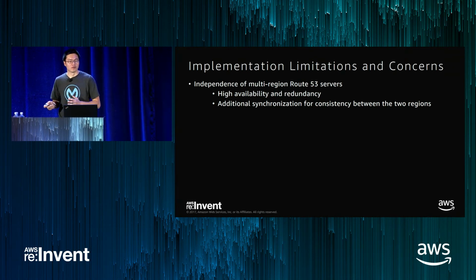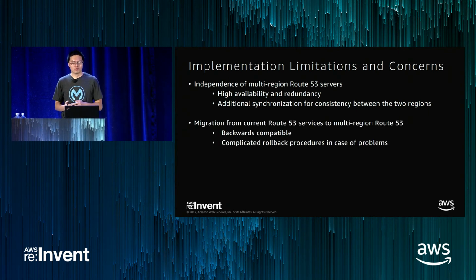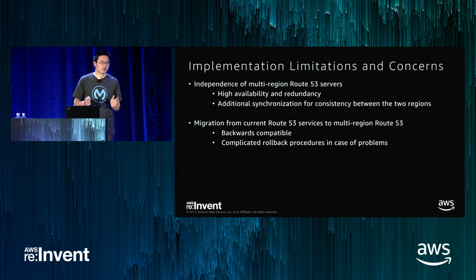There is something to think about regarding the rollback plan. The new multi-region Route 53 service is living on a newer version of the API, which is backwards compatible but not forwards compatible, meaning we need to prepare a complicated rollback plan in case something goes wrong and we want to switch back to the single region Route 53 service.